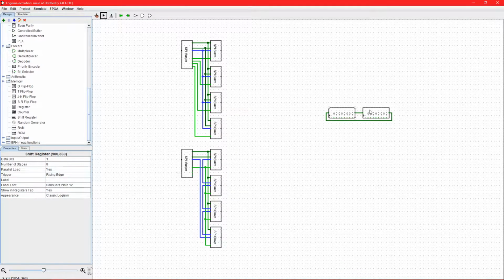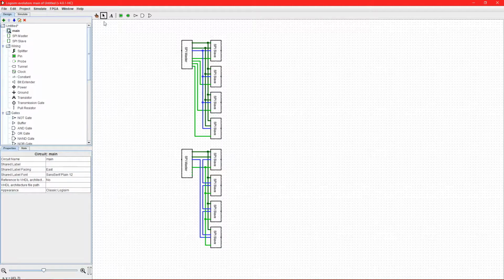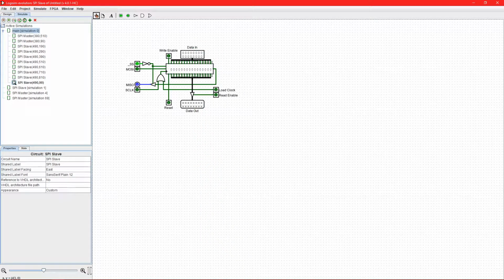So if this is the master, this is the slave, each clock cycle that the master generates, the data gets one step closer to actually being swapped. So the master and the slave swap data. Anyways, back to the slave.